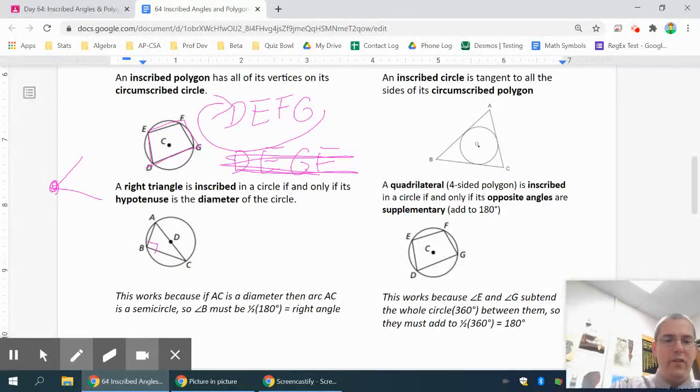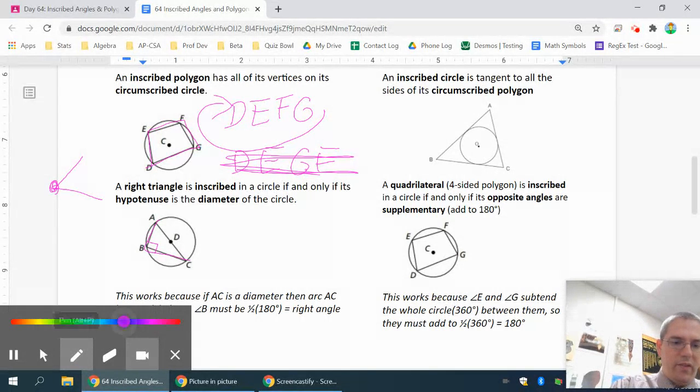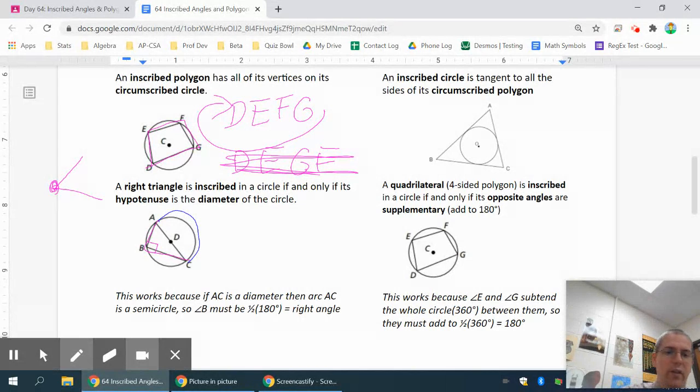So if that is 90 degrees, this is an inscribed angle for this arc here. So if that is 90 degrees, this is going to be 180 degrees. And if that is 180 degrees, that means this is a semicircle, so AC must be a diameter.